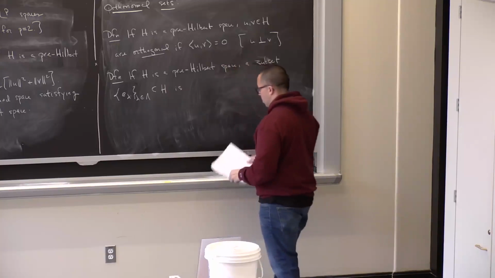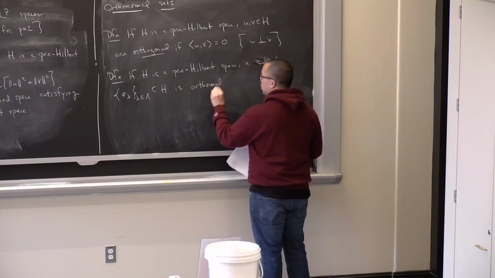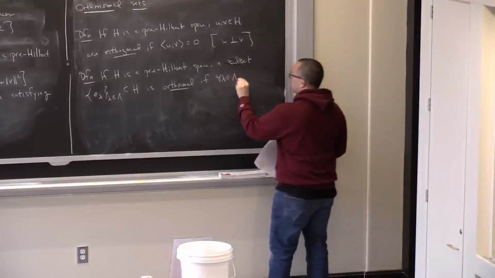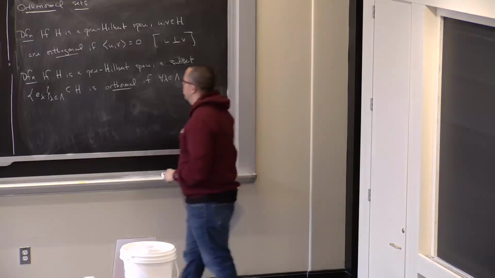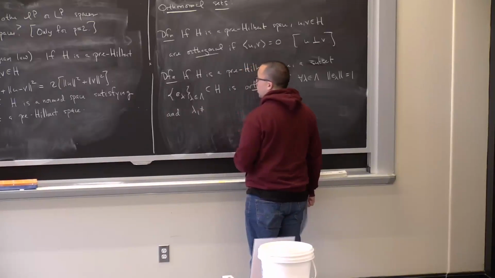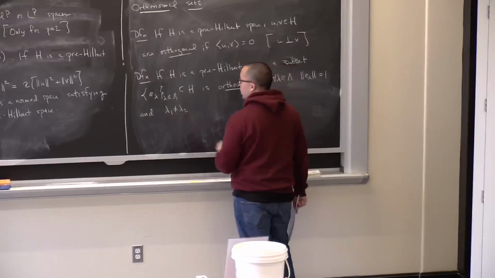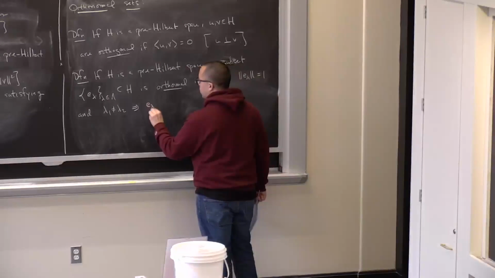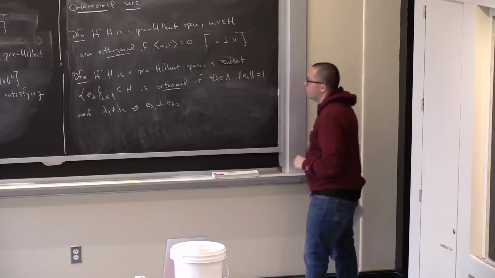We say this set is orthonormal if for all lambda, each one of these vectors in this subset has unit length, and any two different indexed elements implies that they are orthogonal. Okay?